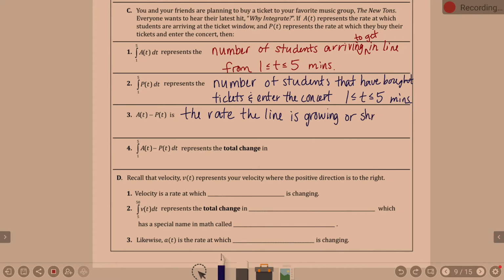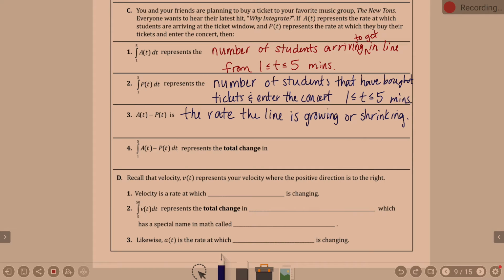And we do need to say growing or shrinking because we don't know which one is bigger. Now, that was an integral, the integral from 1 to 5 of a of t minus p of t dt.